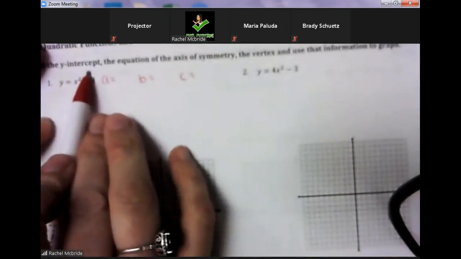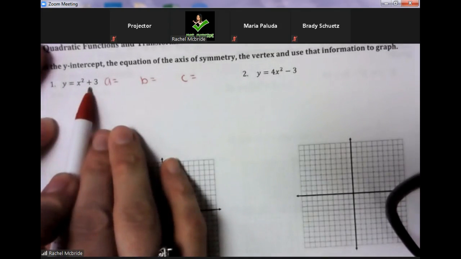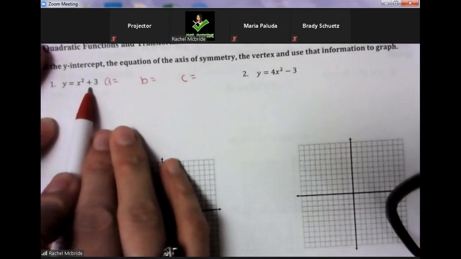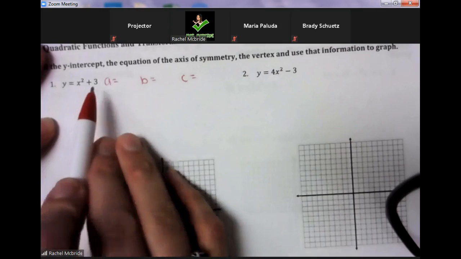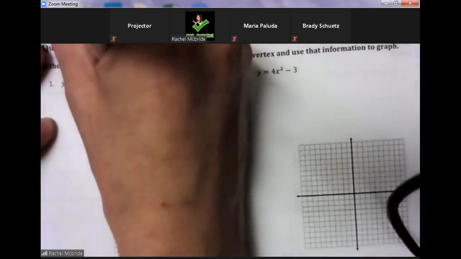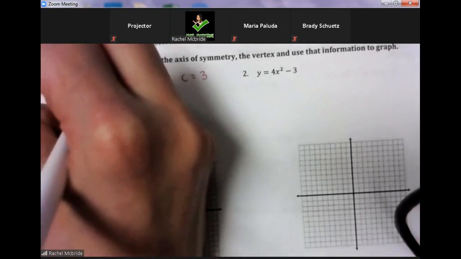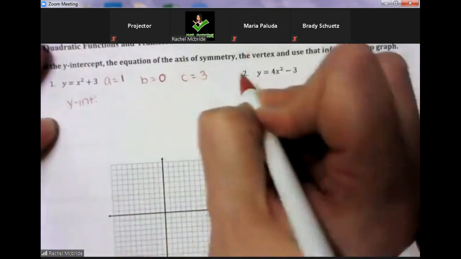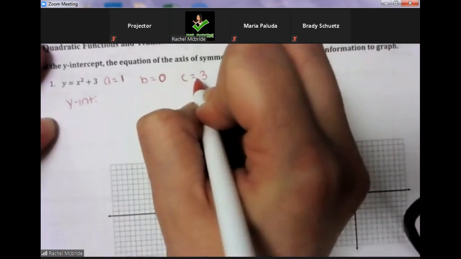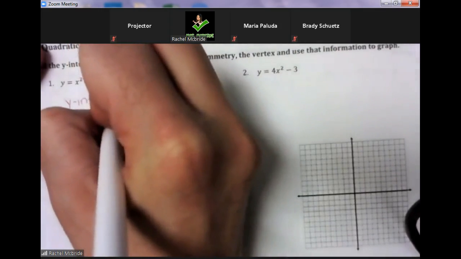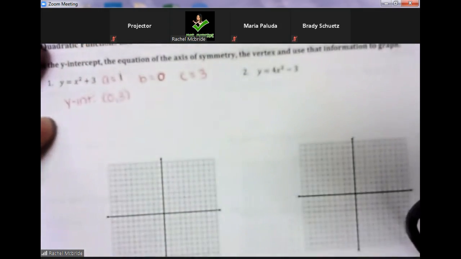So this one's a little tricky because my B value is 0. So A is 1, B is 0, and C is 3. So my Y-intercept is (0, c). So C is 3. So my Y-intercept is (0, 3).